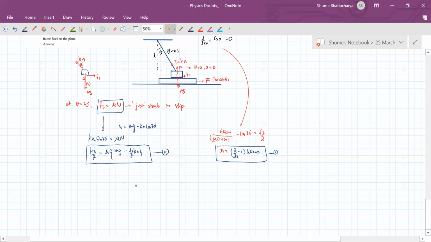Now basically what we have to do from here is find the work done by F, which is basically the change in potential energy of the elastic string, which is half kx squared. So it's just this. From this equation, we can find the value of kx. And this equation is giving us the value of x.